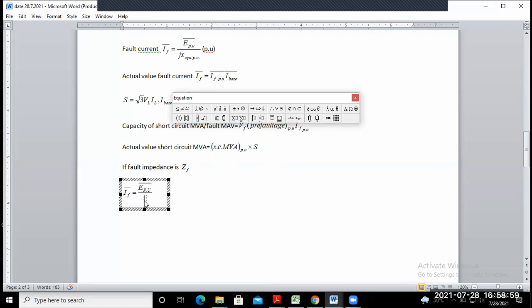JX equivalent is given in per unit, so X equivalent in per unit plus ZF is the total impedance of the circuit.